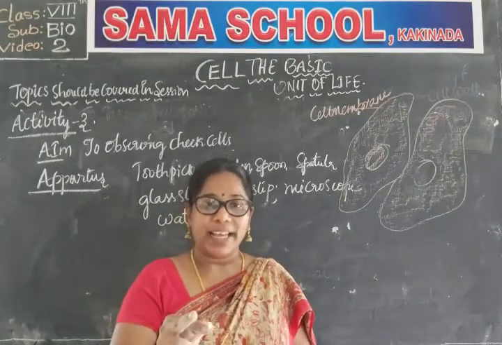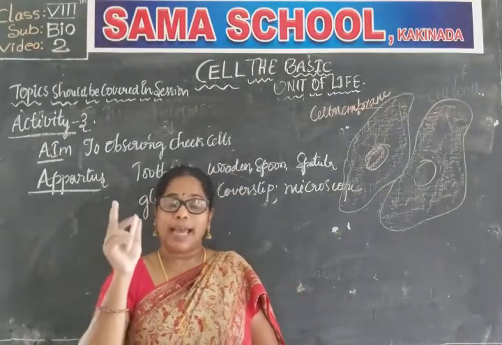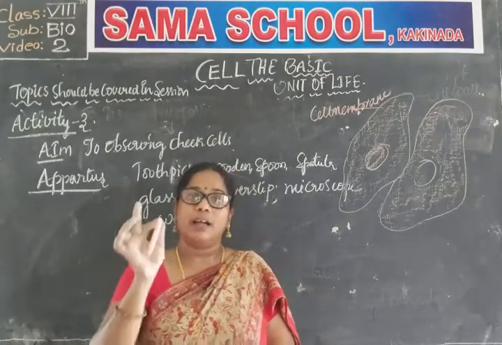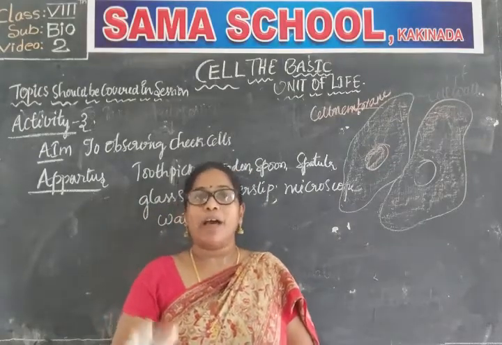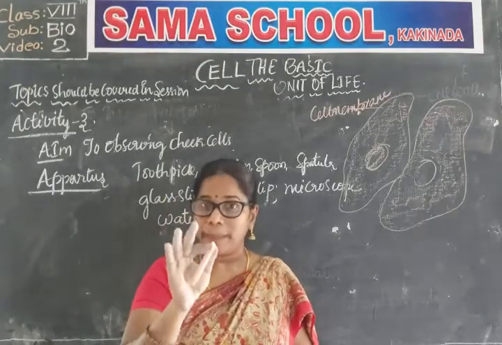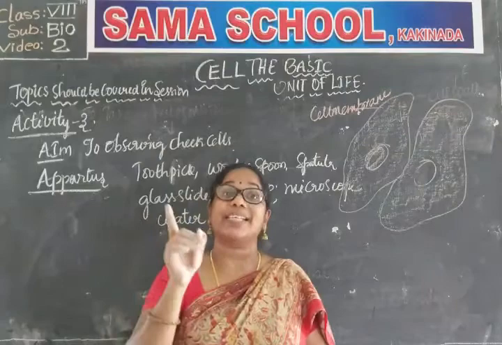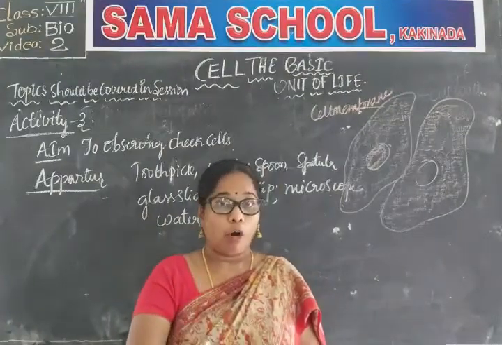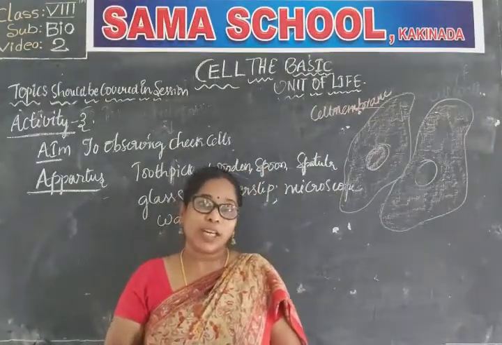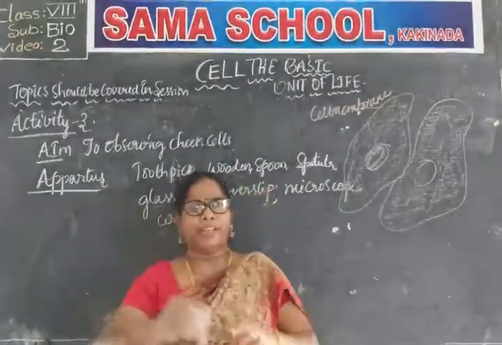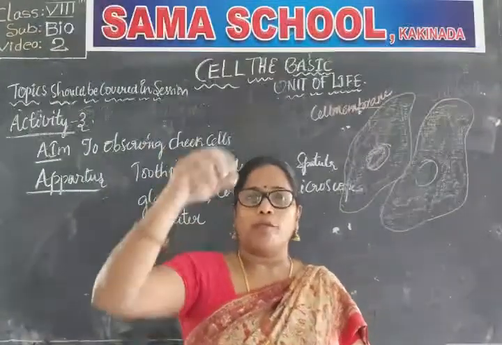Understand? Every time in the summative exam they generally ask from these topics: what is the experiment of observing the onion peel cell, first question. Second, what are the apparatus required for the onion peel cell? Third question, write the complete procedure. They will jumble everything, like placing a slide down and washing the mouth.